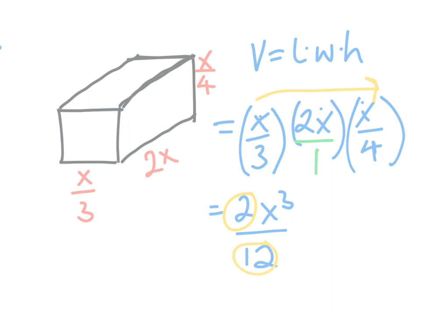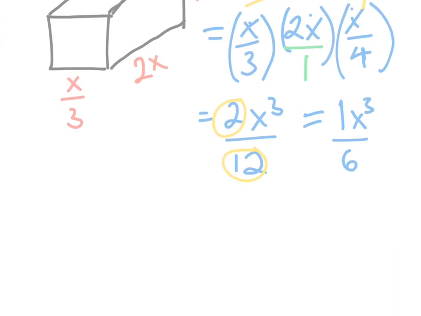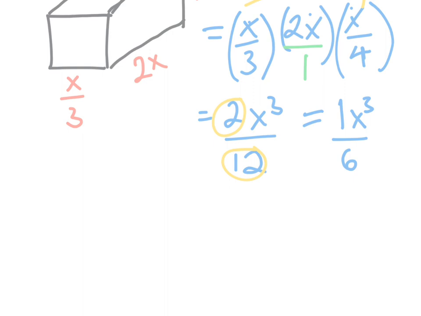They're both even, so they can definitely both be divided by 2. So that would give me 1 over 6 for the fraction part, and x cubed is still on the top, but this looks a bit funny because the 1 is on the top, so you can just write that as x cubed over 6, and that would be the final answer here.